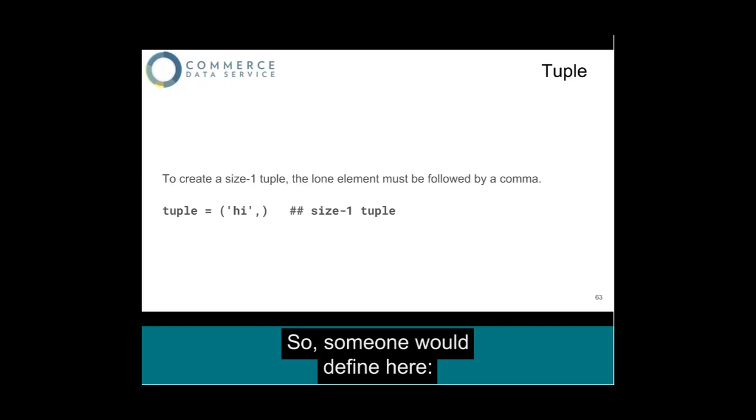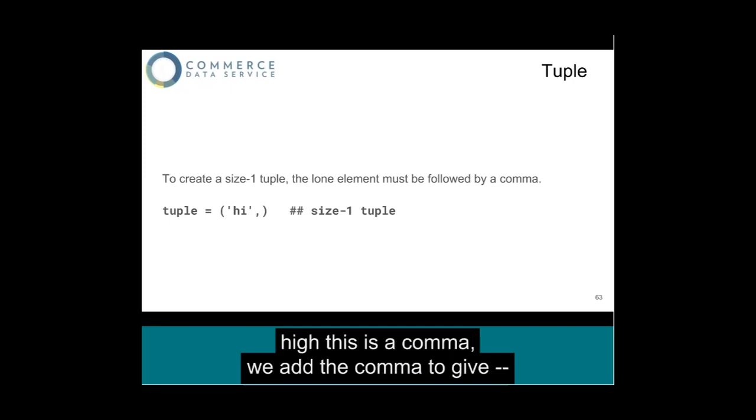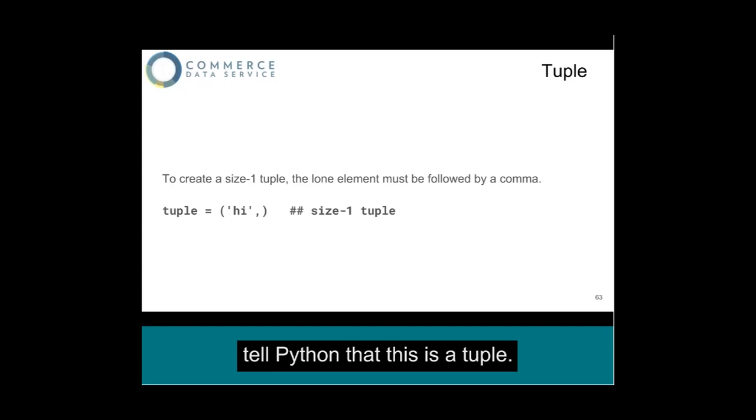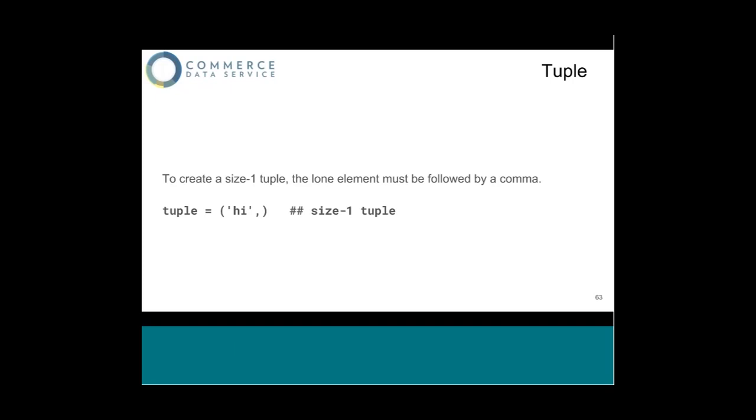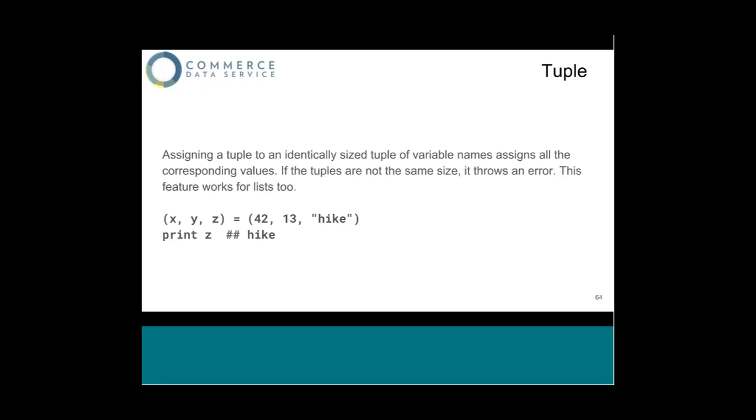So the tuple we defined here, high, is just a comma. We add the comma to tell Python that this is a tuple. That's one element.